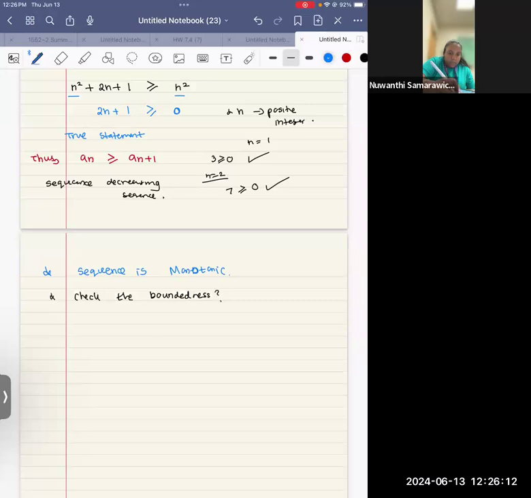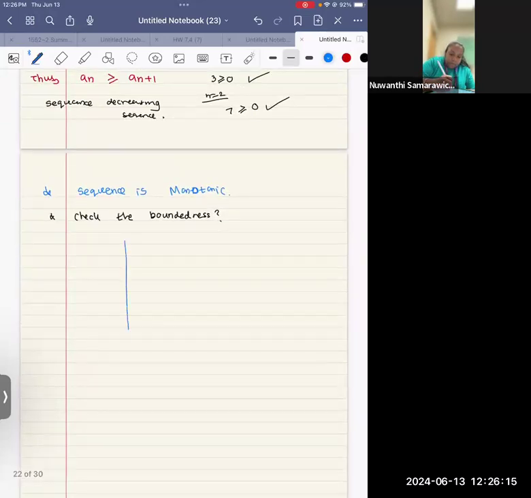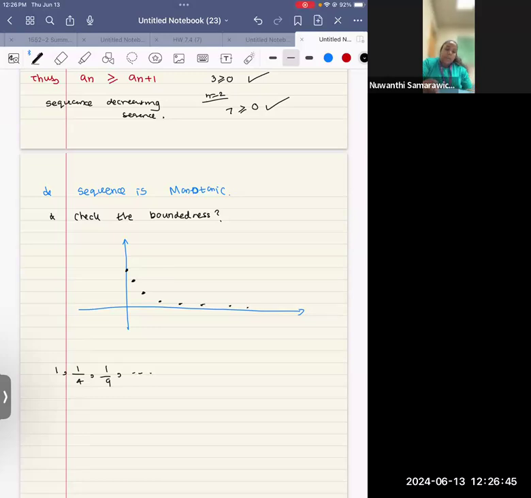So we can draw the graph, as we drew before. Our sequence was 1 over 4, 1 over 9, like that. So you will get something like this. Here this is 1.